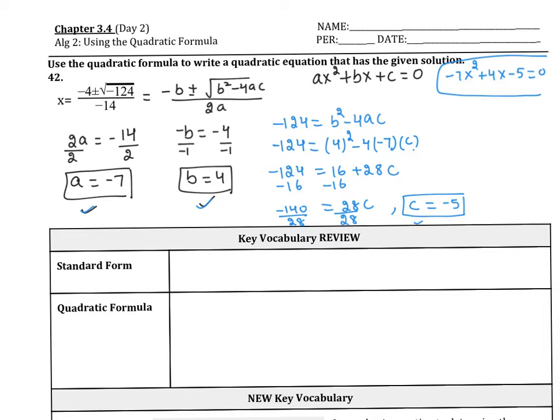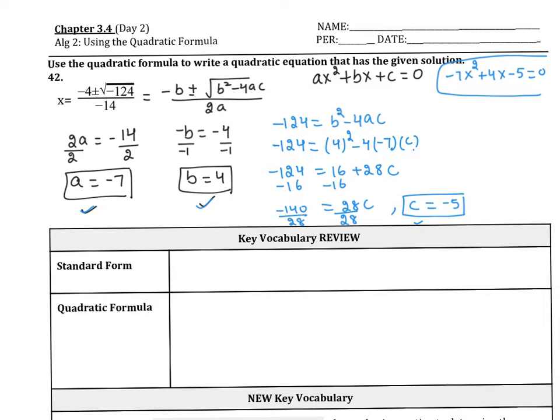So we did kind of the opposite of what we used to do. We were given the equations most of the time, and we used to identify a, b, and c to plug into the formula to get the solution. Now what we are given is the solution, and we need to do the opposite and find a, b, and c to plug into the standard form to get the equation.